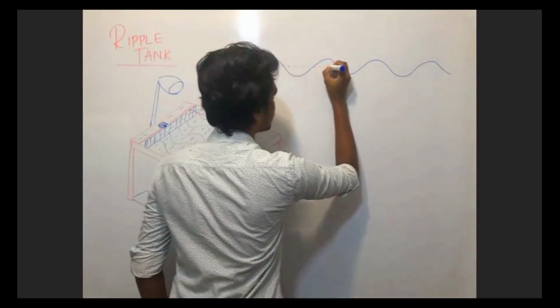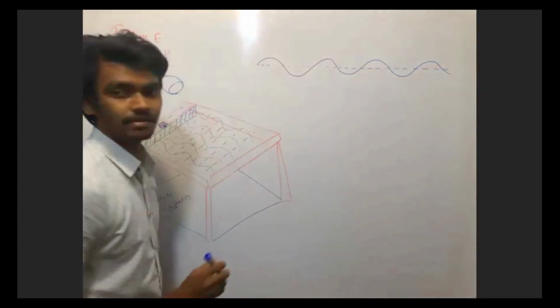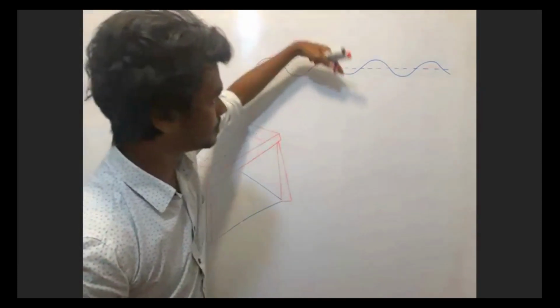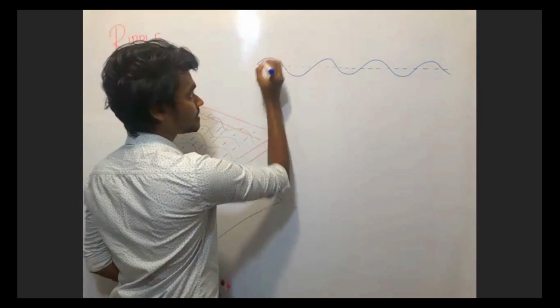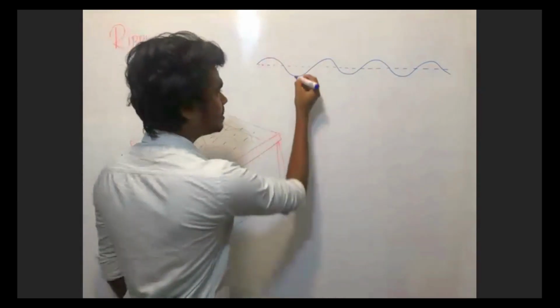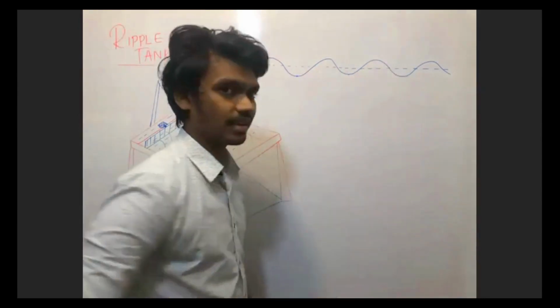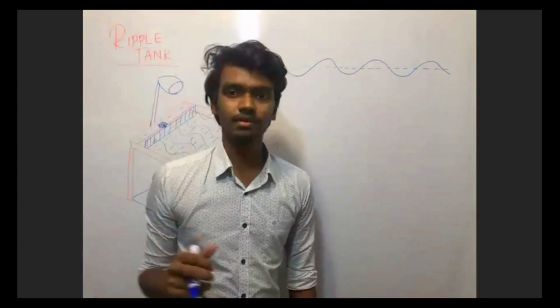This is the surface of the water wave. It moves. So these are called crests, and these are called troughs. Crests, troughs, crests, troughs. We have discussed this in the previous session.